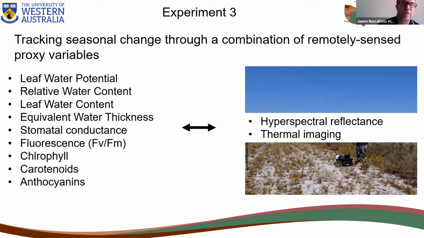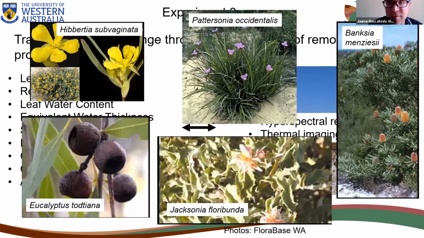These are the 5 species we studied in the field, which are very different functionally. Some of them deal with drought by avoiding it, by having deep root systems, whereas others just tolerate it. So we want to see how these methods work in very different plants, and they all have very different leaf shapes as well.